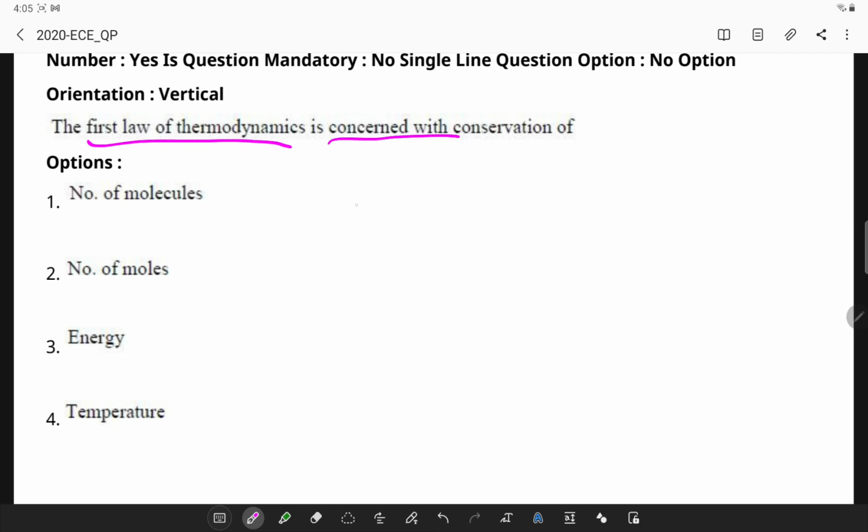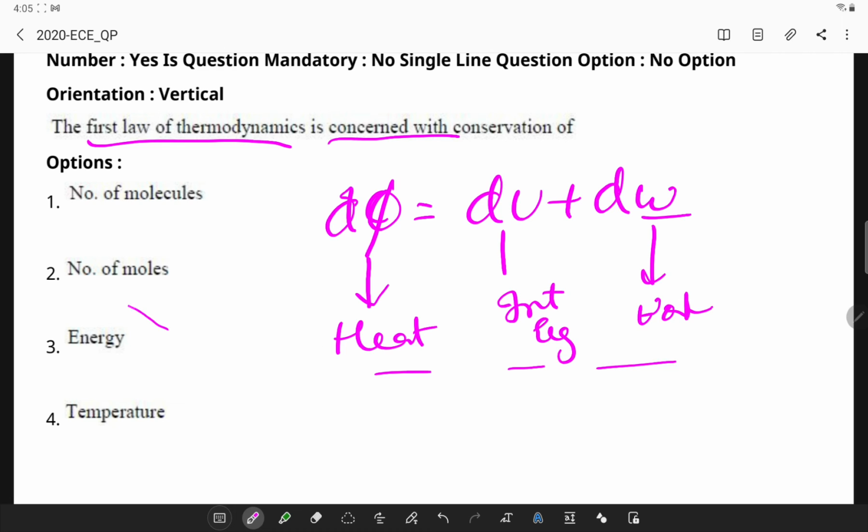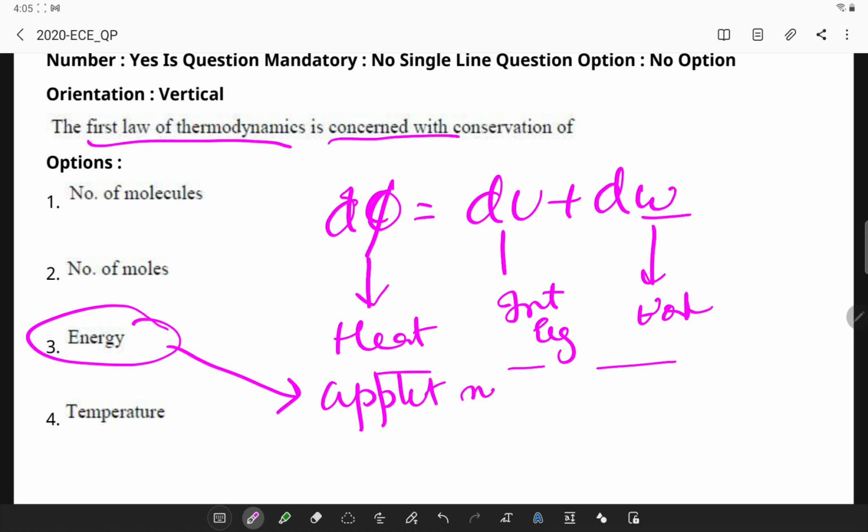The first law of thermodynamics: dQ is equal to dU plus dW. So this is heat, this is internal energy and this is the work done. So if you observe, this is an application of the law of conservation of energy.